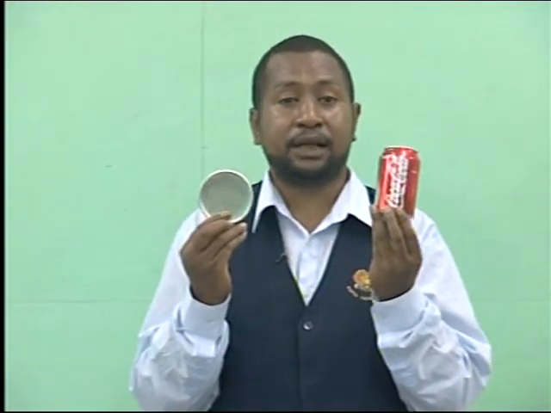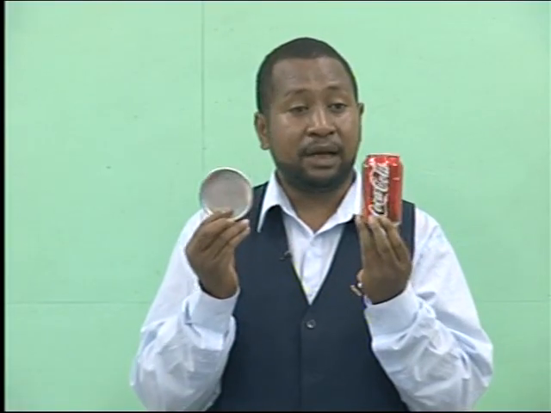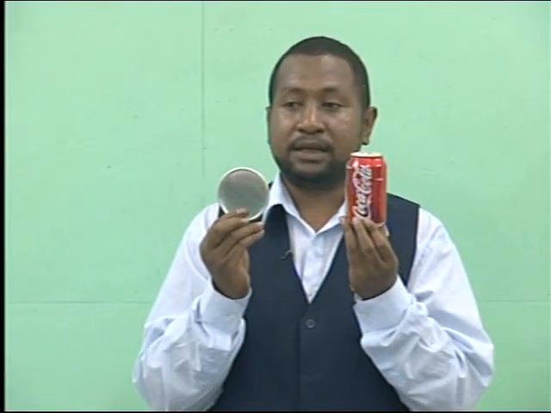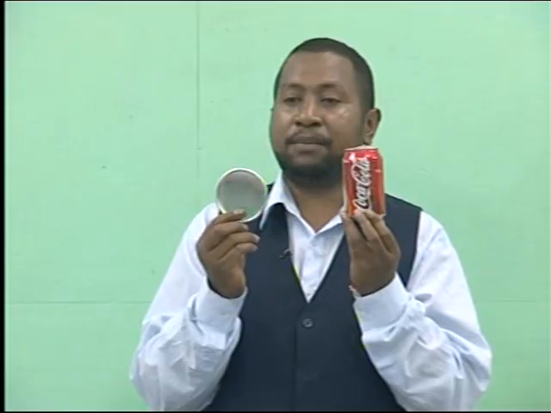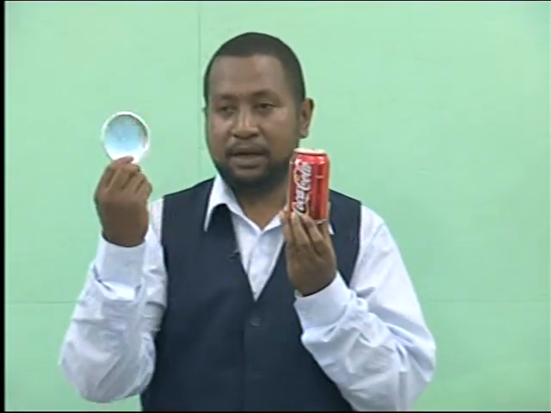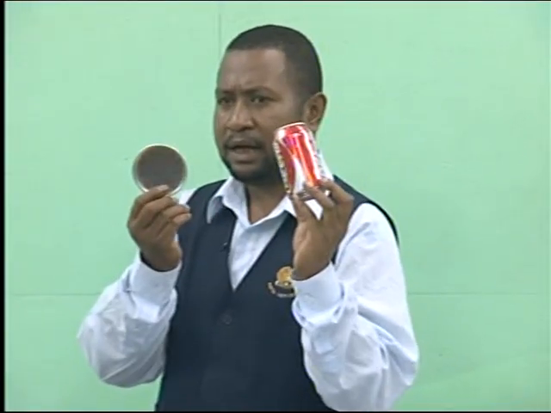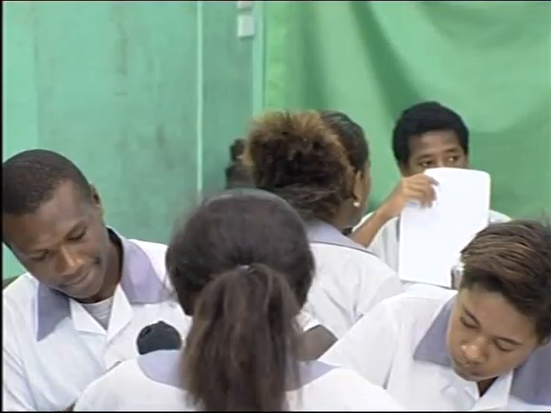Now, this is a cylinder, okay? Can you tell the difference between a cylinder and a circular object? Yes. Clement, what can you say about the difference between these two objects? This is a circular object, this is a cylinder. What is the difference? The can drink is long and the tin lid is circle.